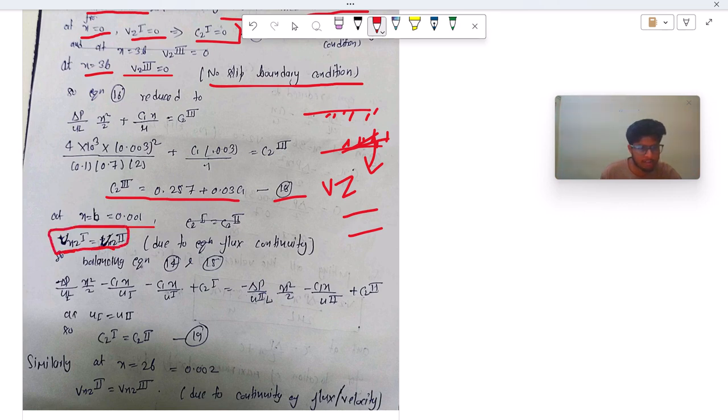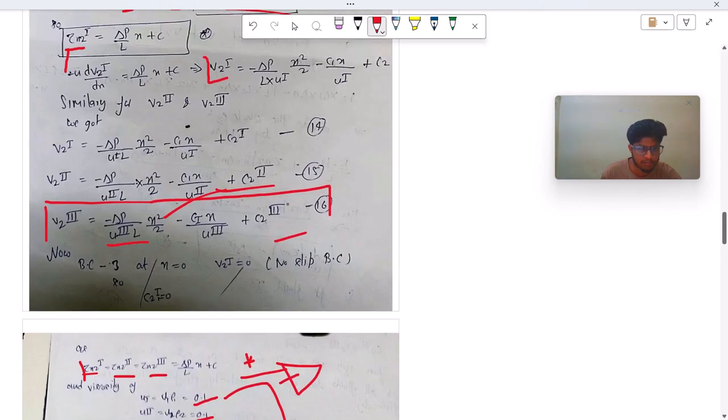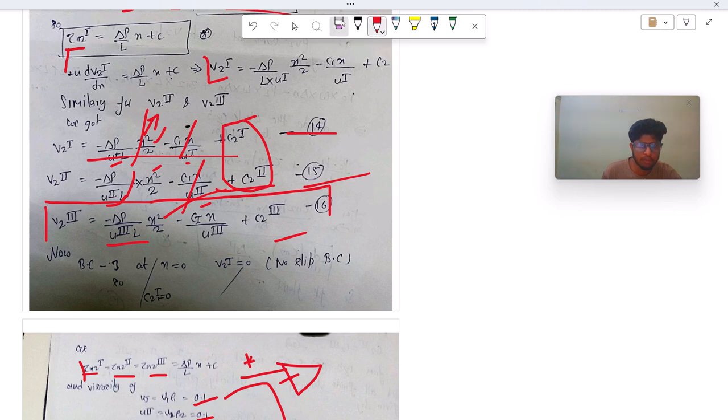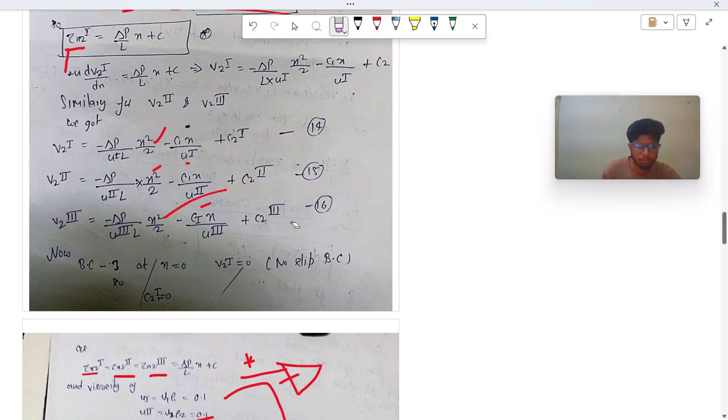So balancing equations 14 and 15, we have seen that at x equal to b, these two terms cancel out as viscosity is the same for both, and x is also the same for both. This term also cancels out as x is the same for both. We get that C21 equal to C22.